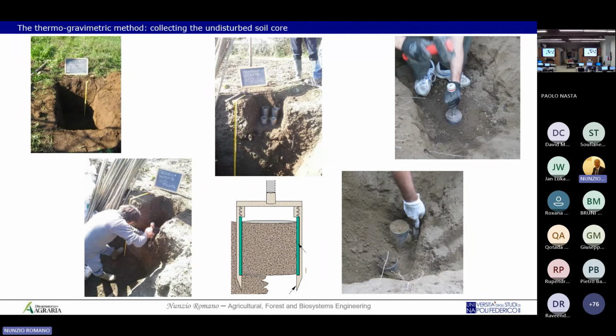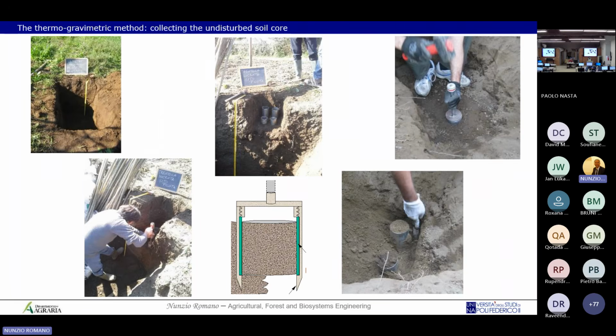But if you are interested in the volumetric water content, you need to know quite precisely the volume where this soil is contained. So this is why one bottleneck of this method is the requirement to collect the undisturbed soil core.